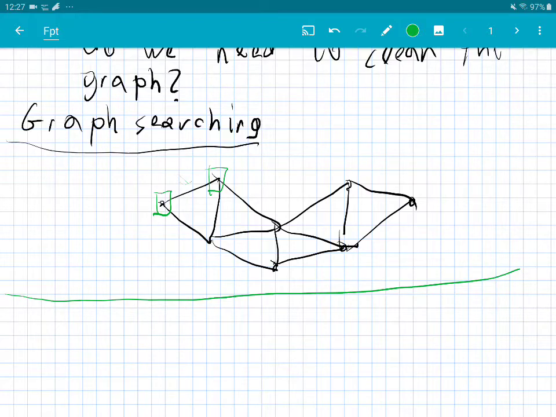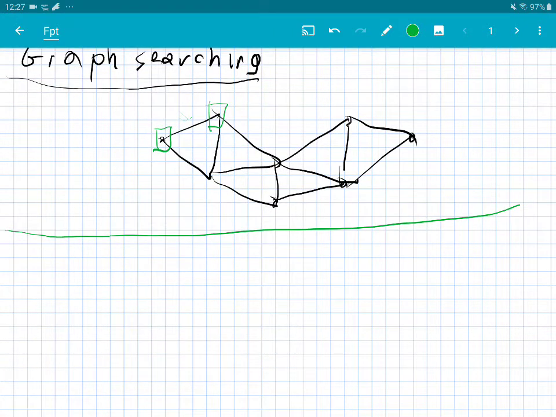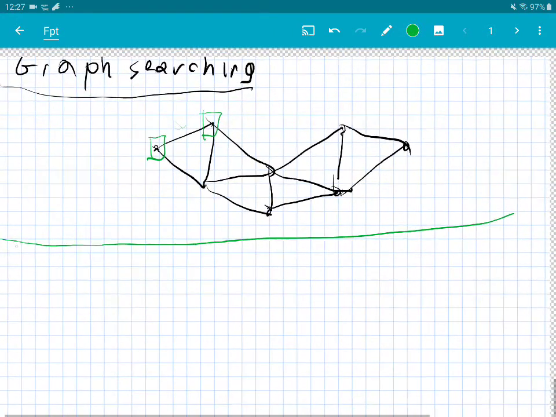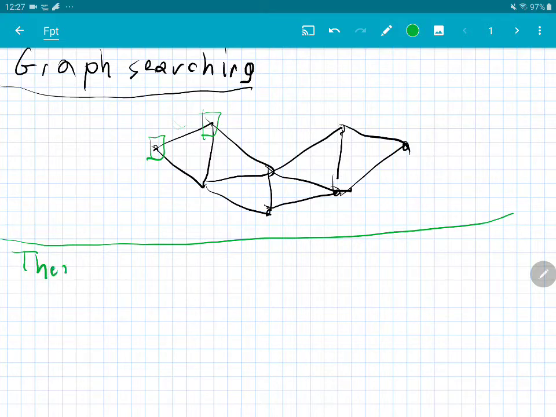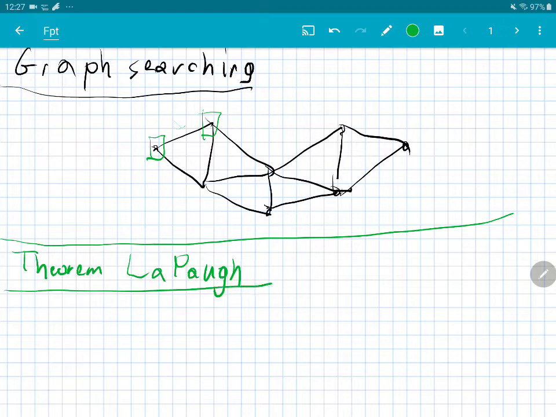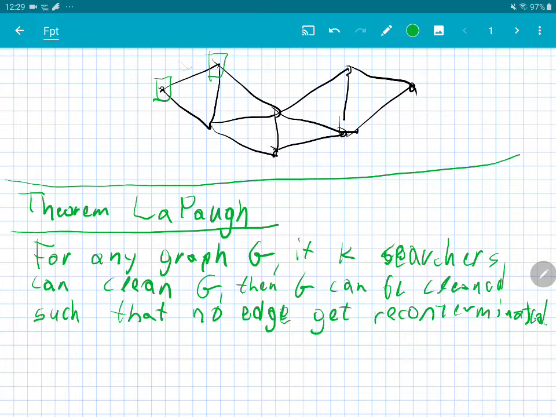And before going any further, we need the theorem of Lopakhin. So this theorem states something quite surprising.